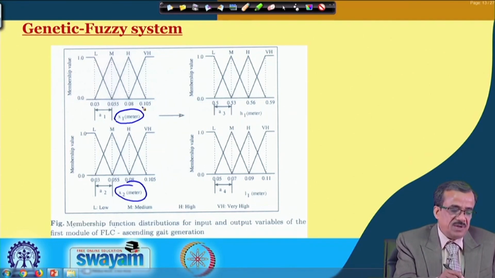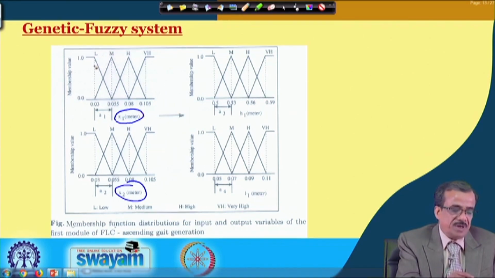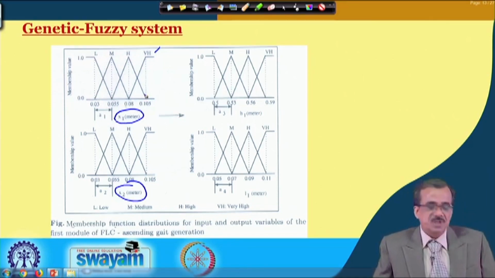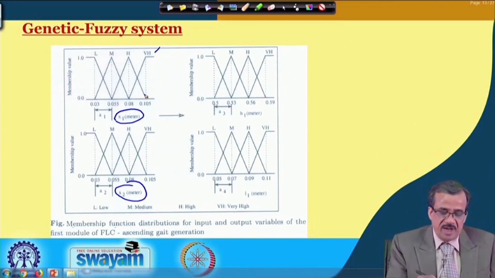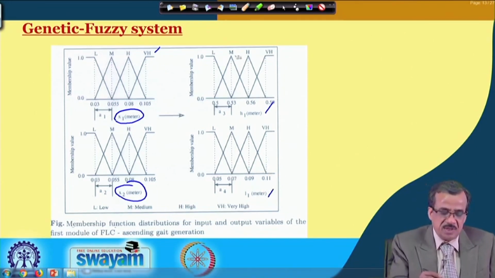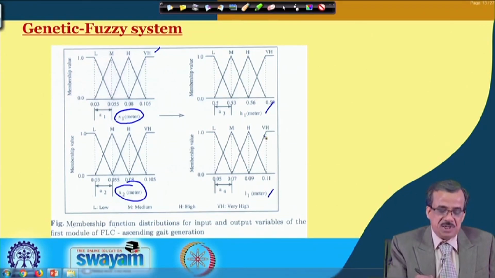We can use some linguistic terms like, if you remember, low, medium, high and very high. For simplicity we have considered triangular membership function distribution for the two inputs x 1 and x 2, and I will be getting the output as h 1 and L 1, and that is nothing but the output of the first fuzzy reasoning tool.